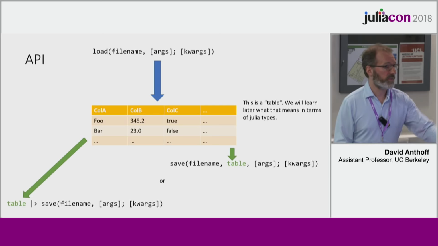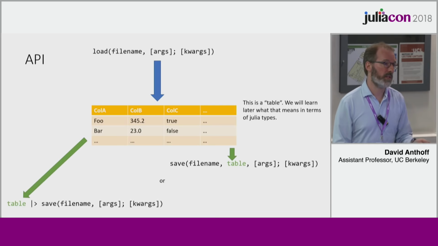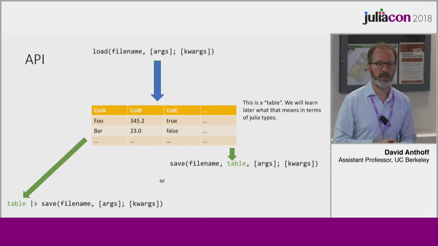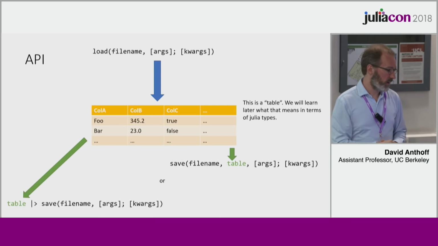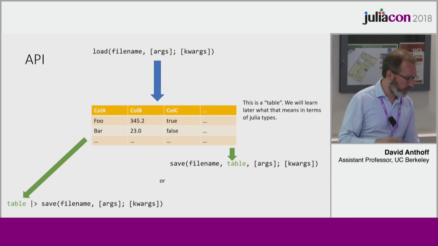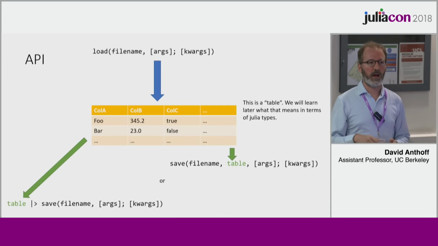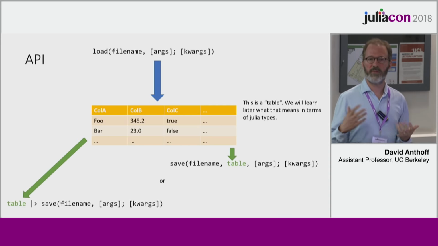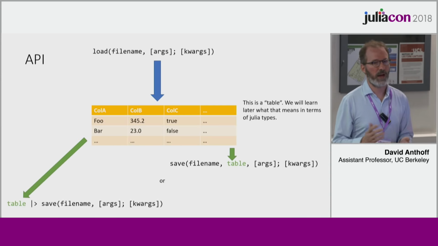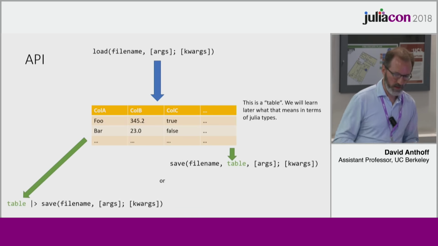You can have something that is a table, and you pipe it into the save function. You pass in a file name, and then depending on the extension of the file name, it will automatically save the file in the correct format. So this hopefully makes for a very simple API for users, so you don't really have to think much about which package do I need to use for which file format. All the tabular file formats here have the same user-facing API.